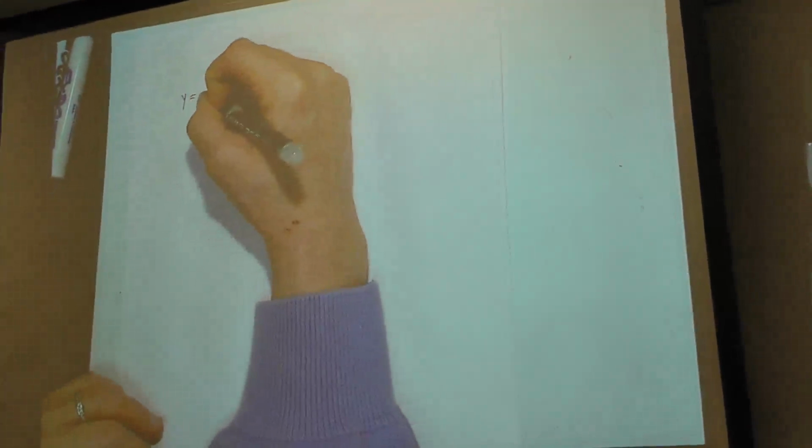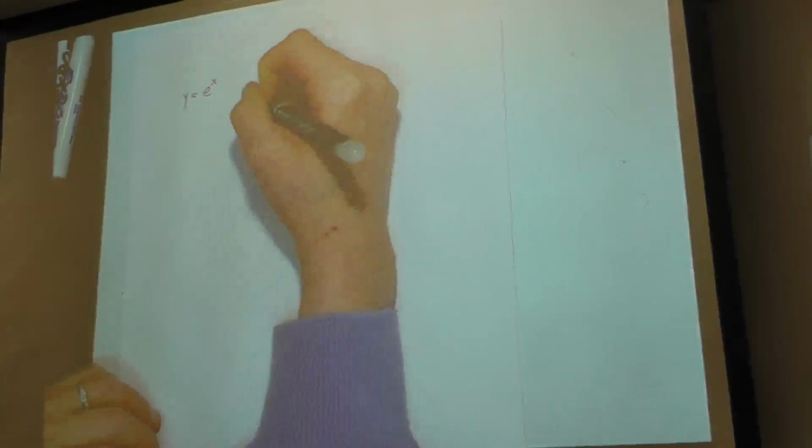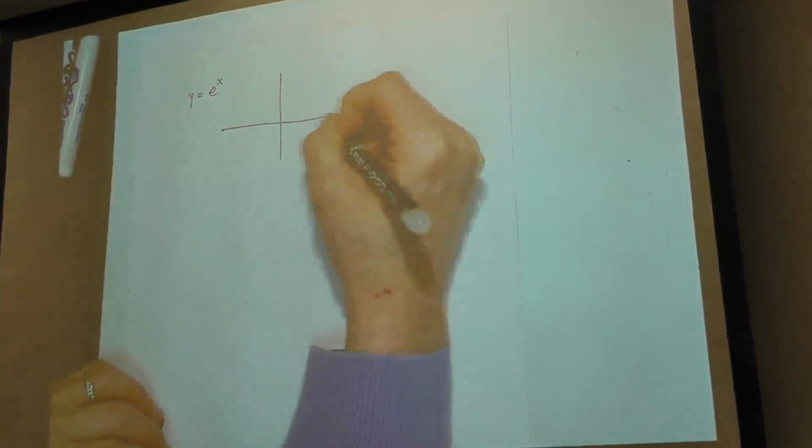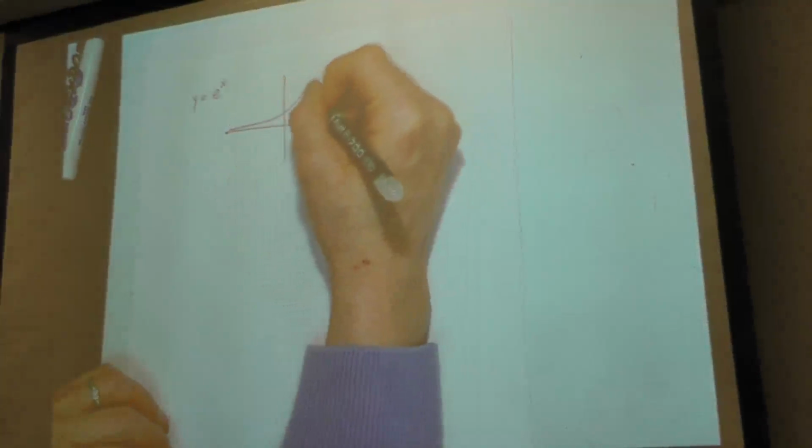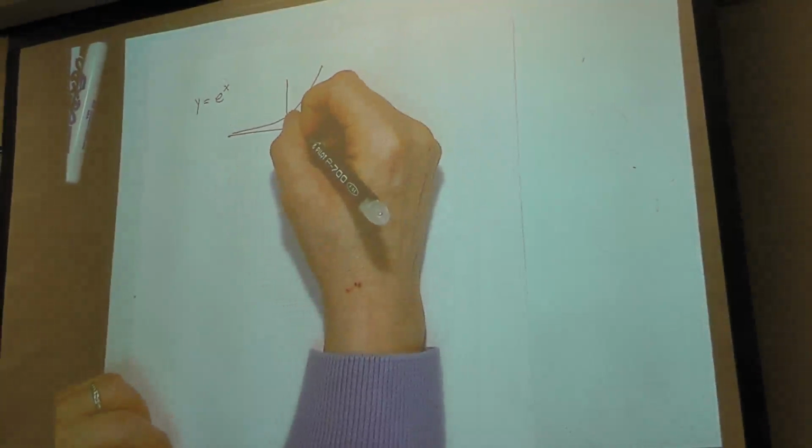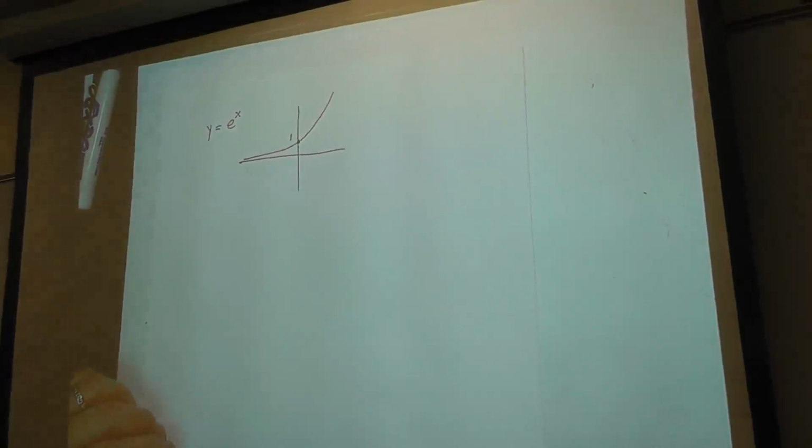So, for instance, if we just let y equal e to the x, where is its curvature the greatest, do you think? It's not going to be constant. The higher you get, I don't know. That's a reasonable guess. Is it the point of inflection?